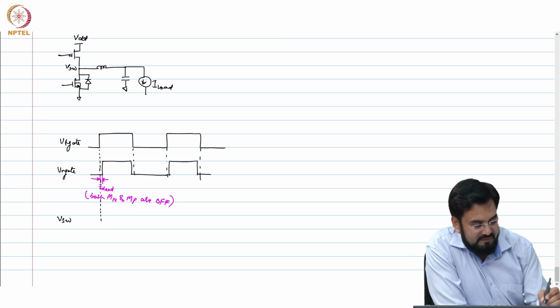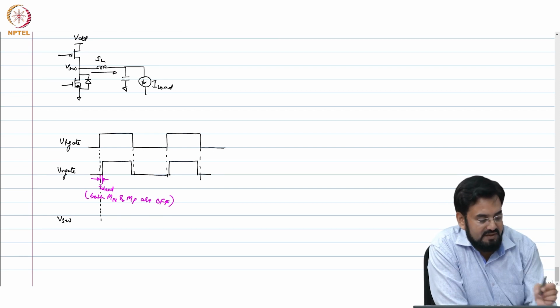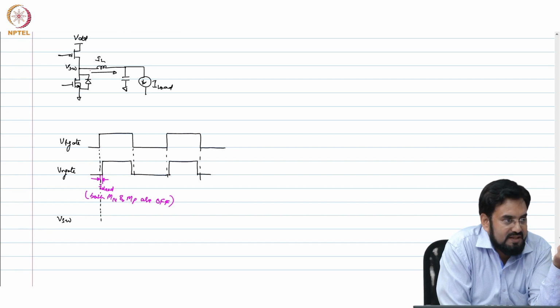It is going negative. IL, current is flowing in this direction. During that time, current will keep flowing. This will go negative. The moment it goes below the diode forward voltage, this diode will conduct, minus 0.7. So it will get clamped at minus 0.7.